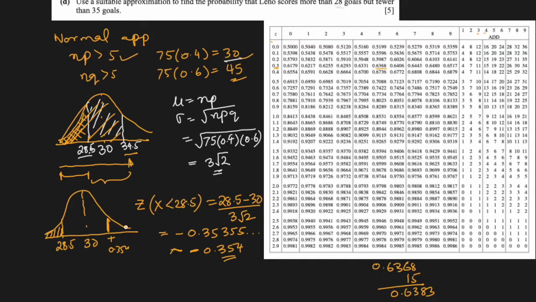So we want to find greater than. We subtract it from 1. 1.0000 minus 0.6383 comes out to be 0.3617. Okay, 0.3617 is the probability we were looking for, this one.